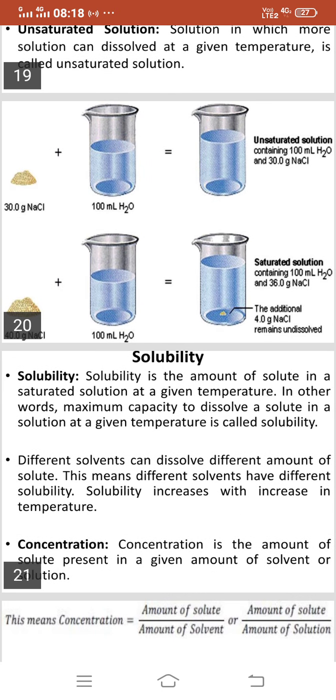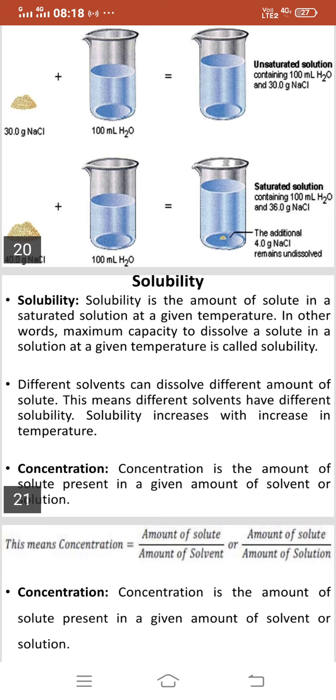Now the next important topic is solubility. So what is solubility? Solubility is the amount of solute in a saturated solution at a given temperature. In other words, maximum capacity to dissolve a solute in a solution at a given temperature is called solubility.